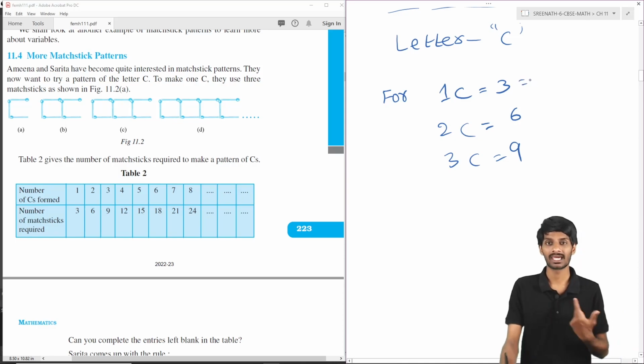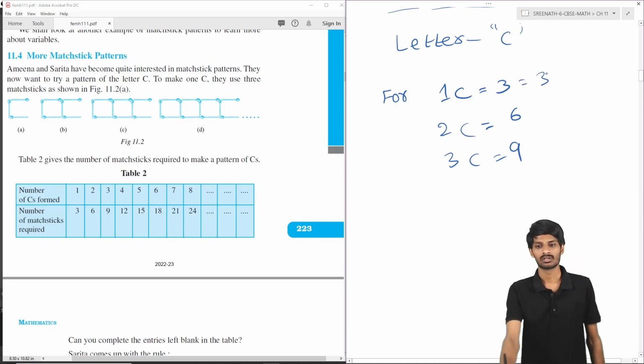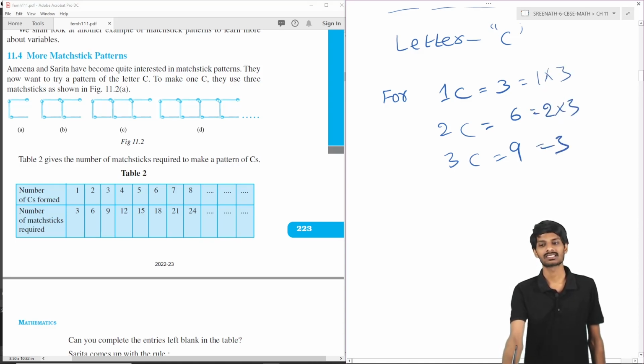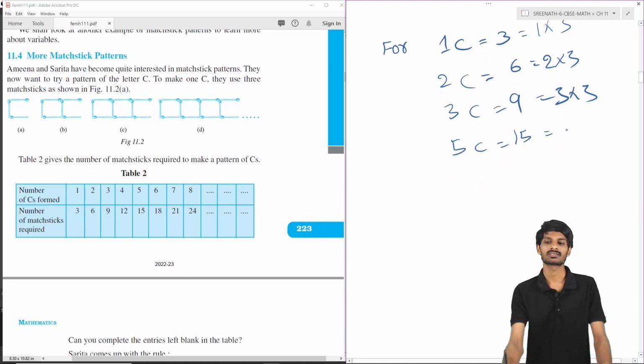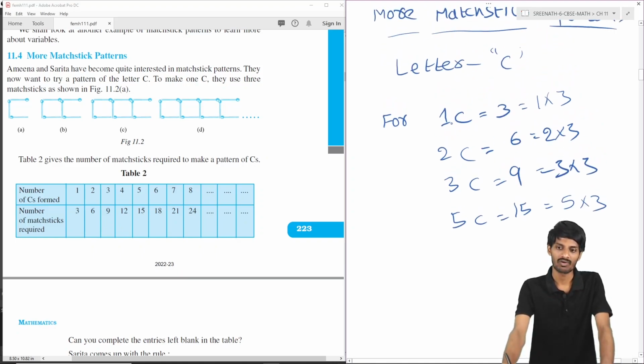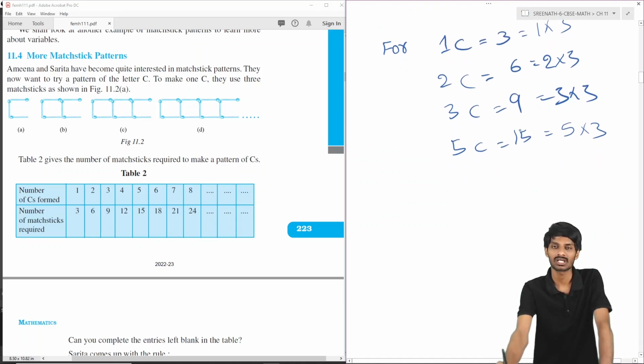So we can write it as 1 into 3, 2 into 3, and 3 into 3. And for 5 C's, 15 are required, so you can write it as 5 into 3. So if you observe, students, for 1 C, 1 into thrice are required. For 2 C's, 2 into thrice. For 3 C's, 3 into thrice. For 5 C's, 5 into thrice are required.